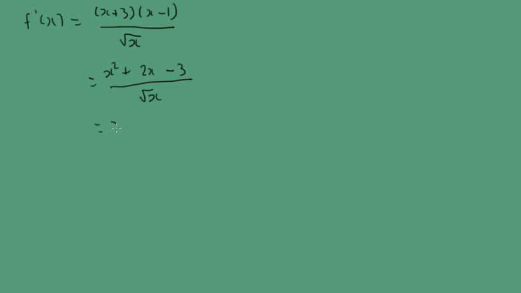Then we're going to multiply through by x to the minus half. So that will give us x to the 3 over 2 plus 2x to the half minus 3x to the minus half.